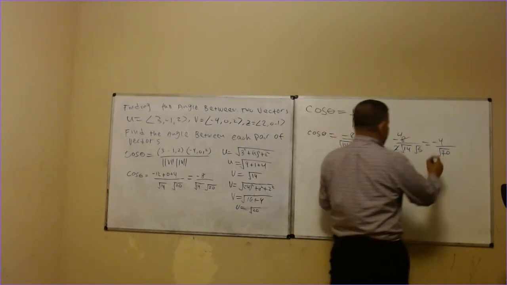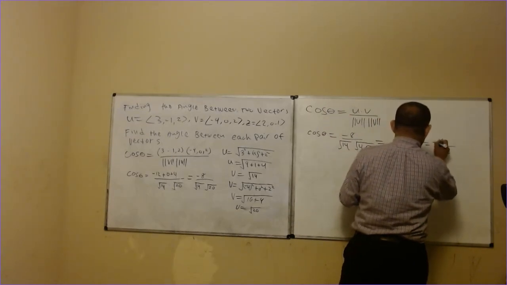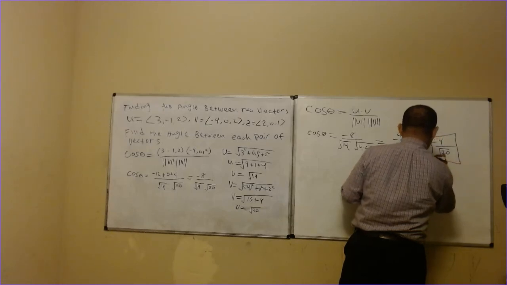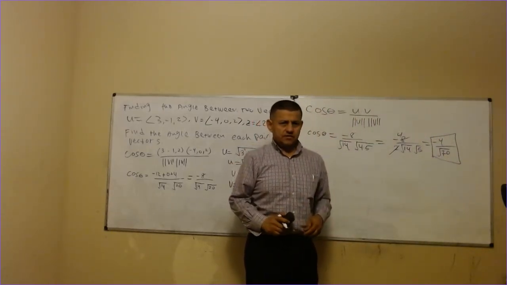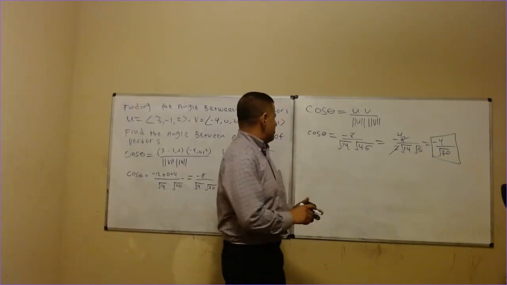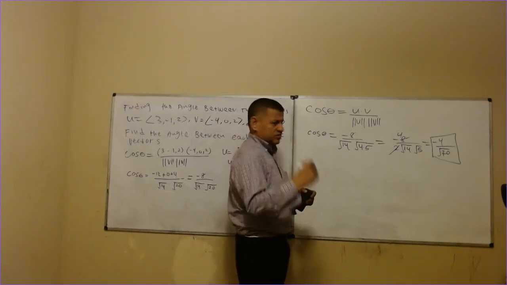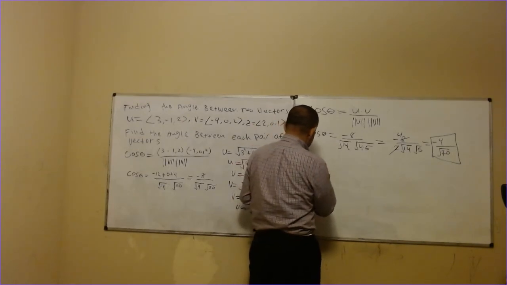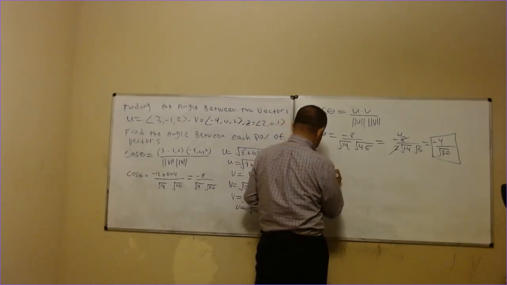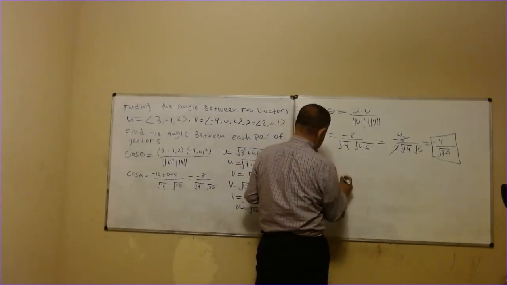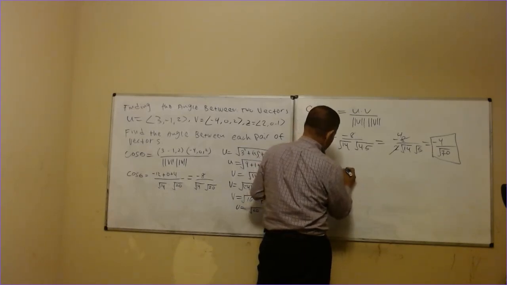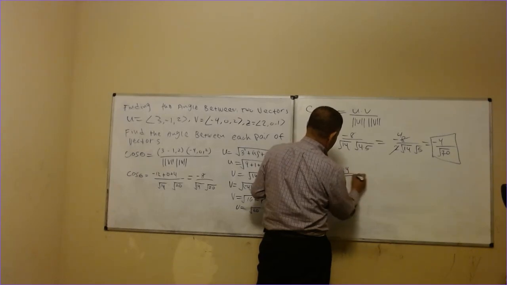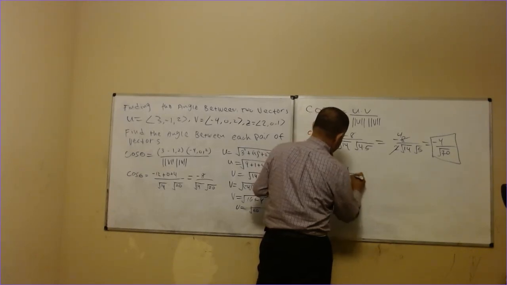Okay, so this number right here, I'm going to use that to take the inverse. I'm going to use it to take the inverse function because I need the angle, right? I need cosine of theta is equal to negative 4 over the square root of 70.